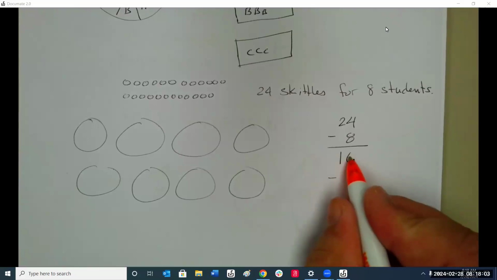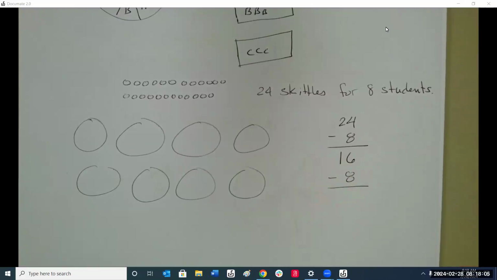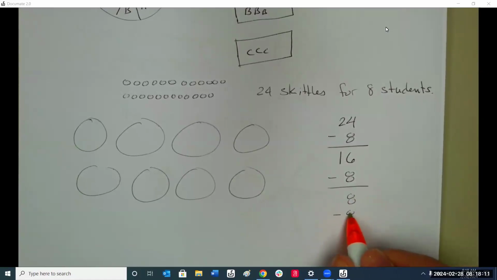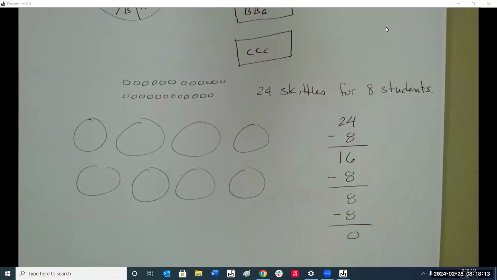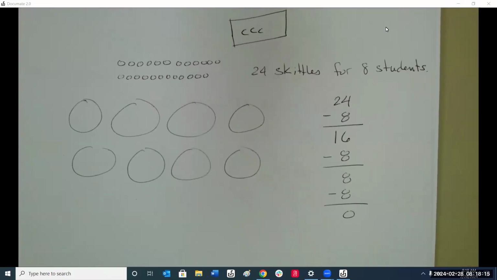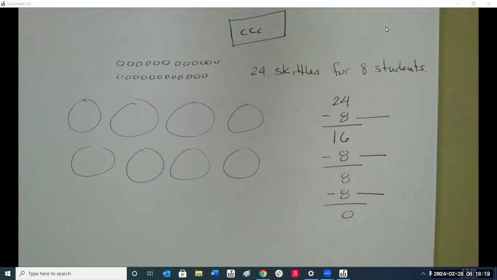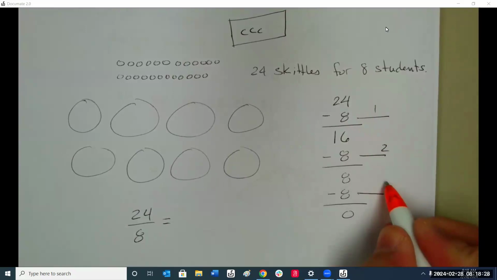Again, we still have more, so we give away 8 more. 16 minus 8 is, and we give away 8 more, so we get 0. All you have to do now is count the number of times you gave away 8, and that's the number. 24 divided by 8 equals 1, 2, 3.